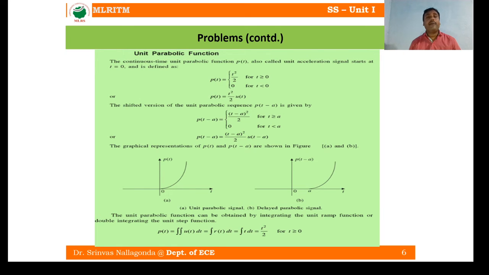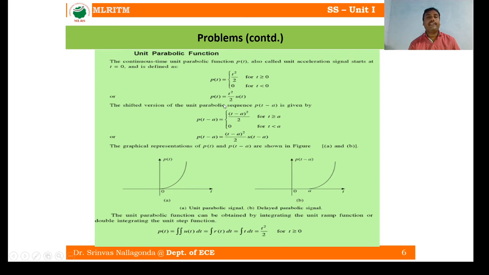It is denoted by p(t), where p(t) indicates the unit parabolic function, and it can be represented as a mathematical expression: t square by 2 for t greater than or equal to 0, and 0 for t less than 0. So p(t) is equal to t square by 2 into u(t). This is the general representation.